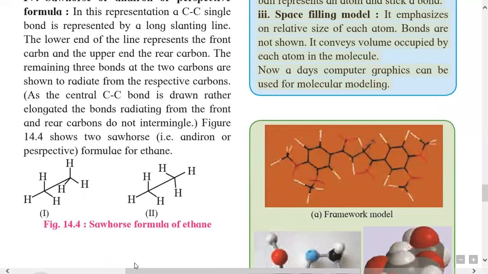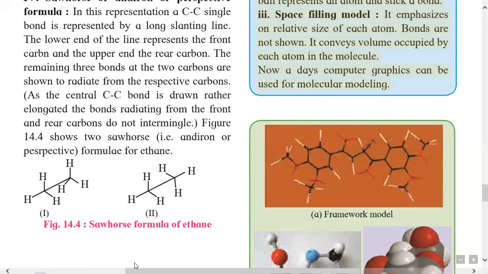See this figure number 14.4, that is structure 1. Here it is similar to the Newman projection formula. The first carbon at the center and 3 hydrogen atoms are shown. Then there is one slanting line. At the end of this slanting line, there is a second carbon, and again there are 3 hydrogen atoms.